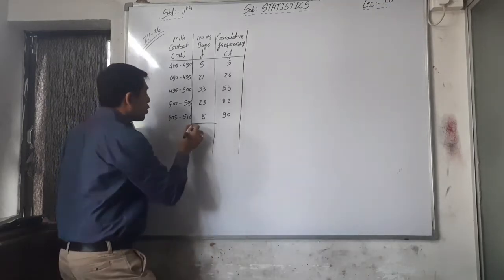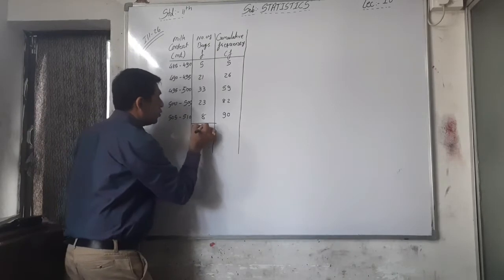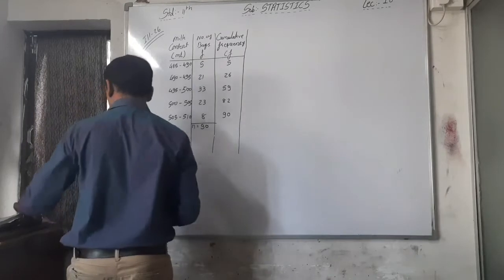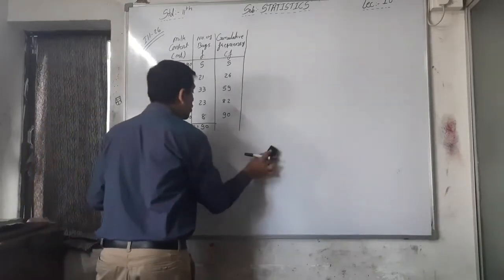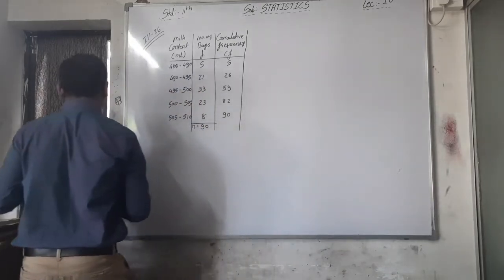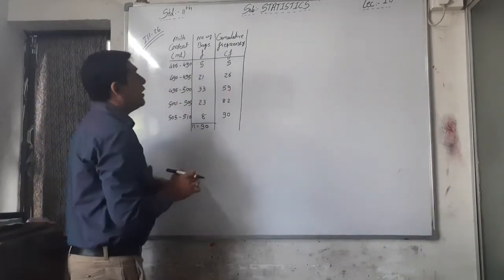Yes, your total N is equal to 90. Your total frequency is equal to 90 here. And your cumulative frequency is 5, 26, 59, 82 and 90.